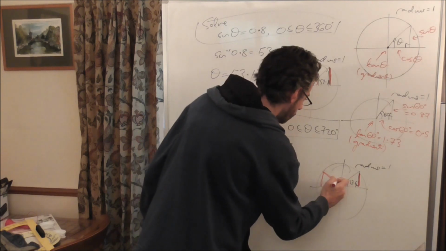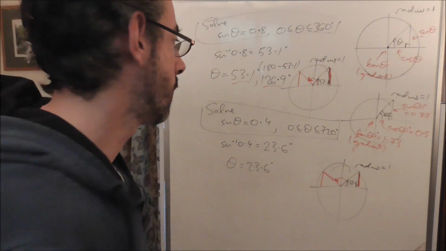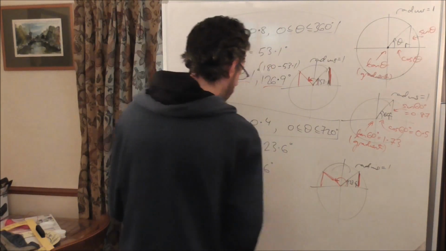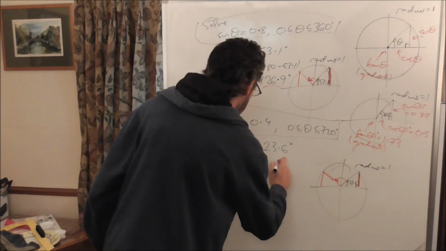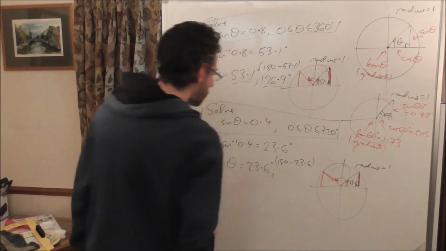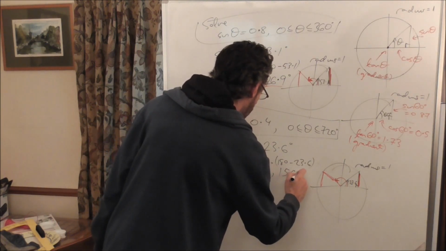So this is the next solution. So what is that angle? Well, again, it's the same method. It's almost 180, but there's a gap of 23.6, so it's just 180 minus 23.6, which is 156.4 degrees.